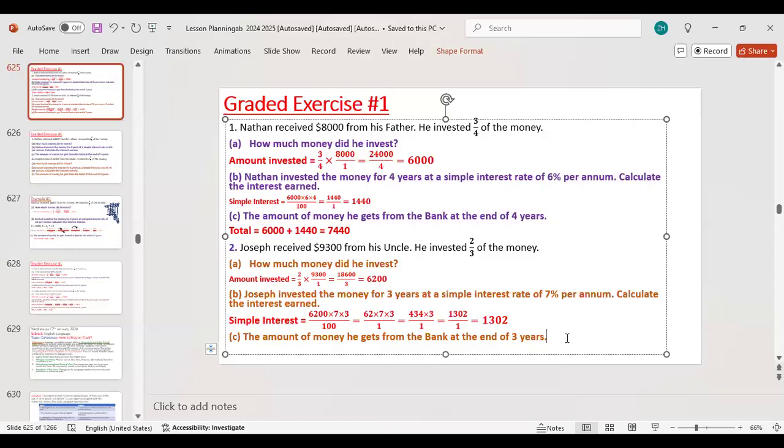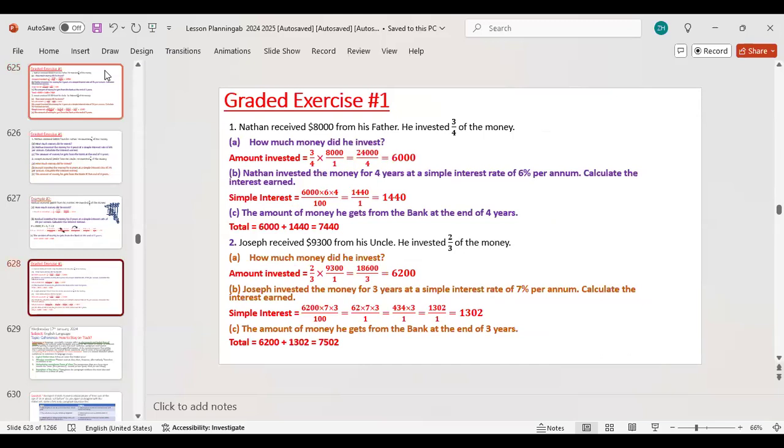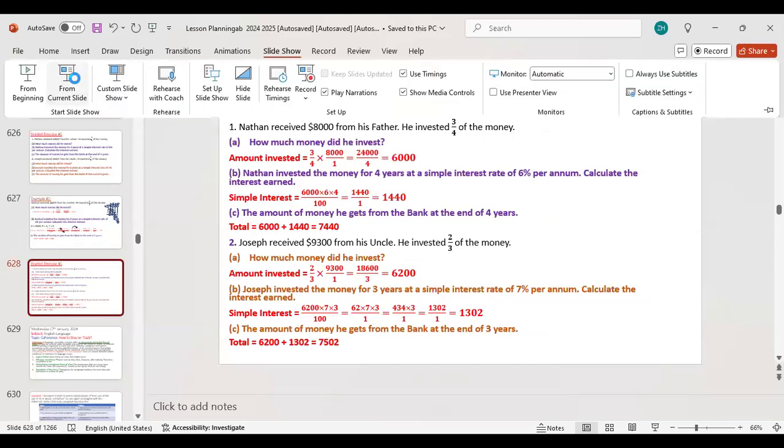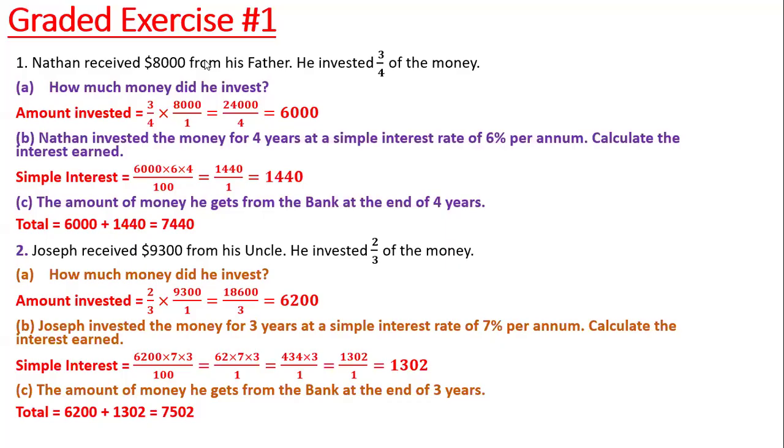And then finally, for the total, Naya, what did you get? 7,502. When you add them, I got 7,502.